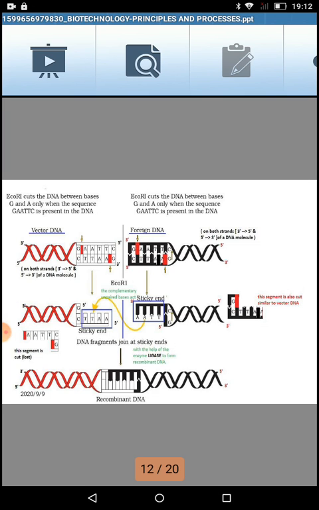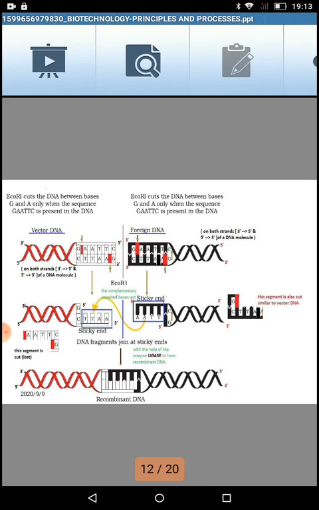So naturally, come down to the third part, where this sticky end of the foreign DNA is going to attach to the vector DNA, and finally you can see in the third diagram that the recombinant DNA has been formed. The black one is the gene of our interest, and the red one is the vector DNA which is going to carry our gene of interest.